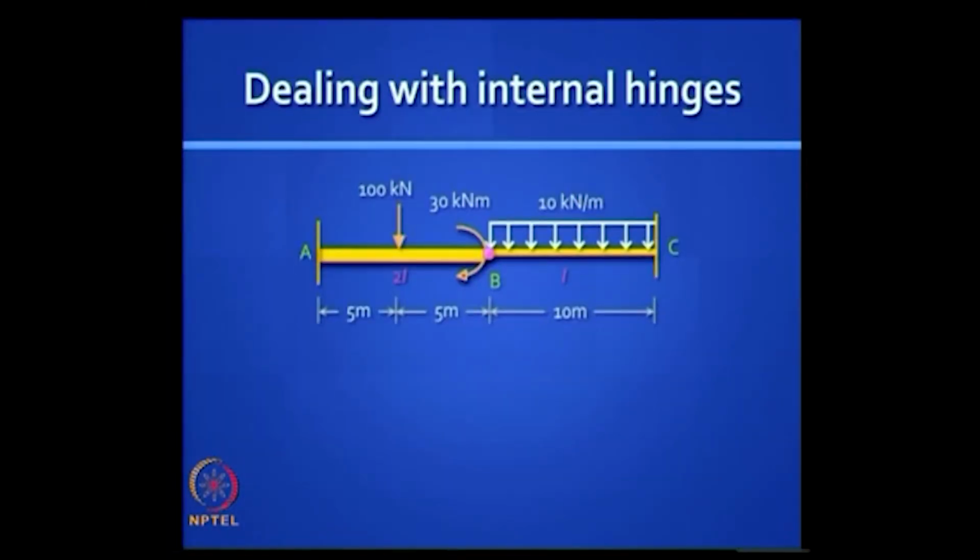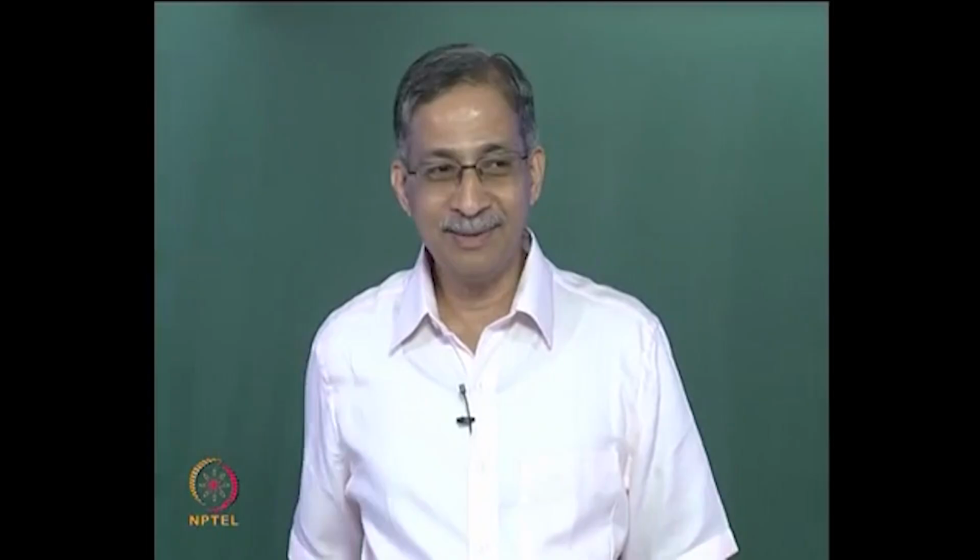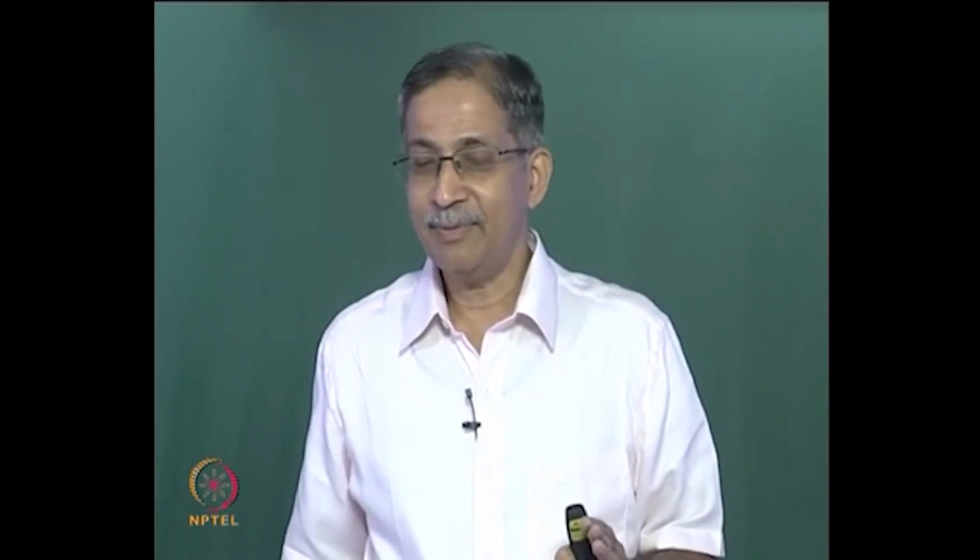There is movement along the vertical direction. How many active degrees of freedom did you have without that hinge? We did this problem yesterday. You had 2. At B you had a translation and a rotation. Now what's the difficulty you encounter? Theta is not the same at B. Theta is not continuous. When we had 1 and 2, D1 was the vertical deflection at B, D2 was the anti-clockwise rotation at B. Now D2 is a problem.